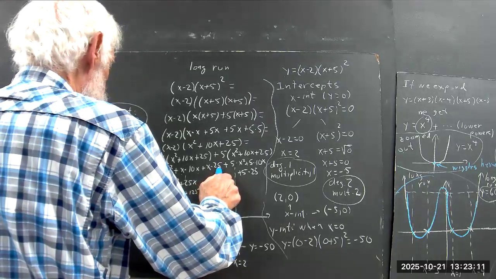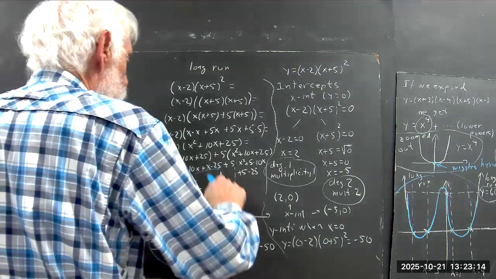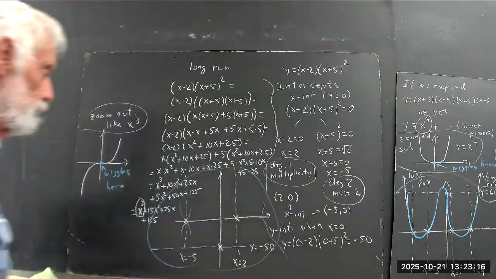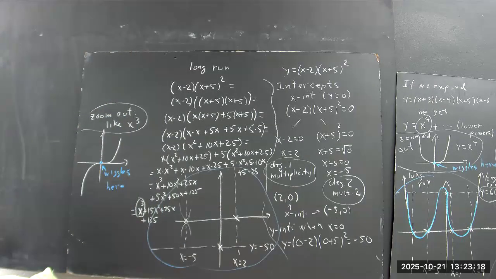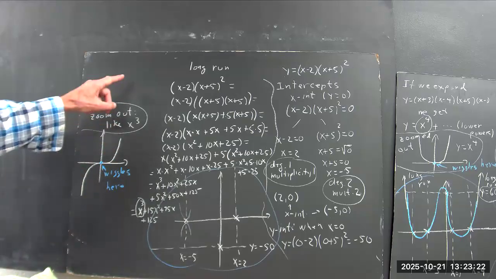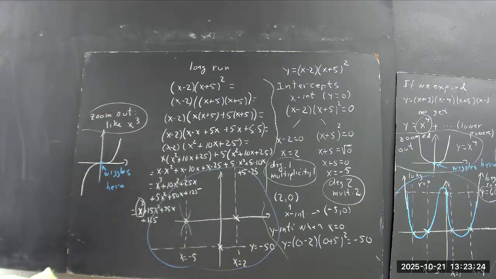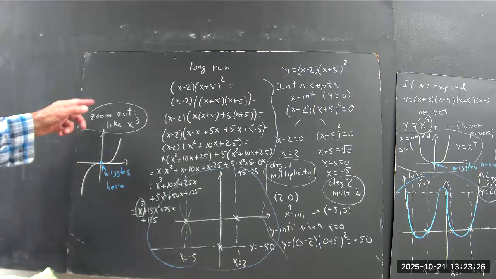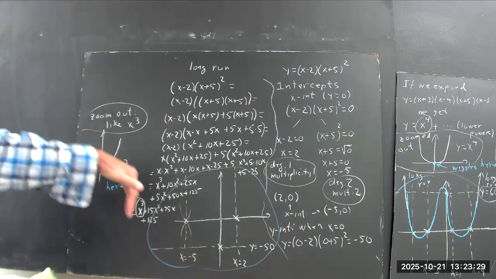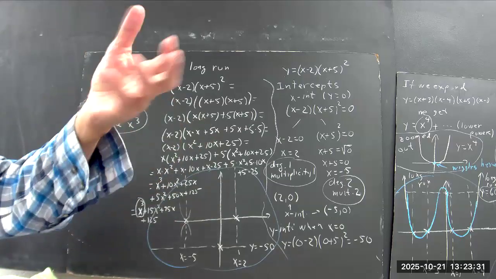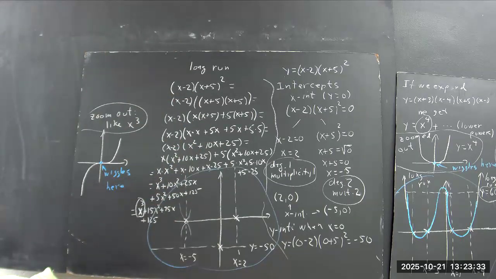And now we zoom out so we can see what happens with the wiggles. What we know is that the x³ graph goes up here, goes down here. Now, if it was a negative x³, it would go up on this side and down on this side, but that's just a reflection through the x-axis. You should understand that.